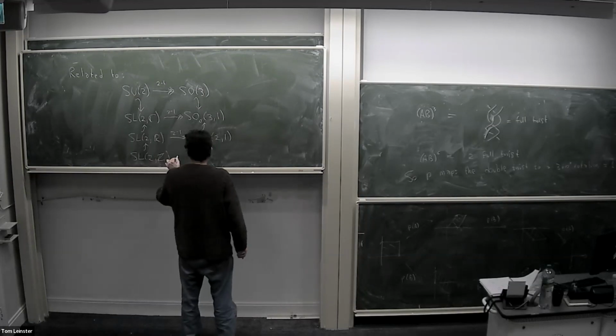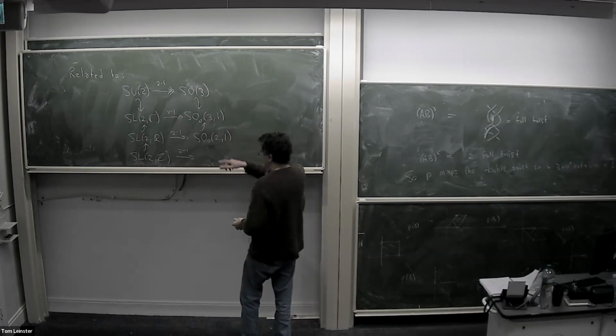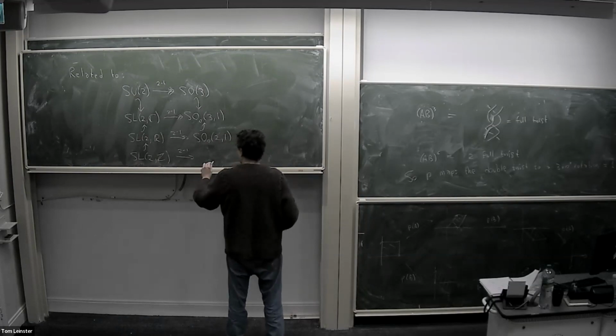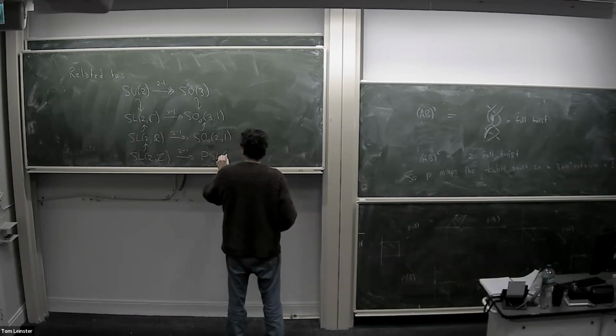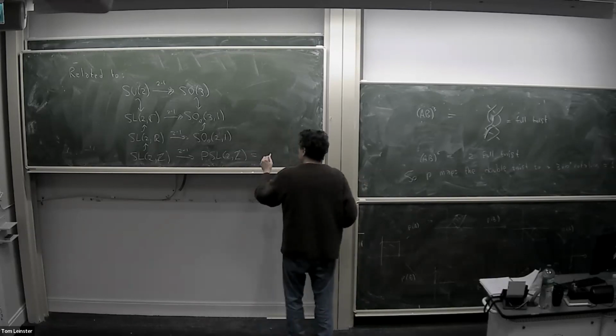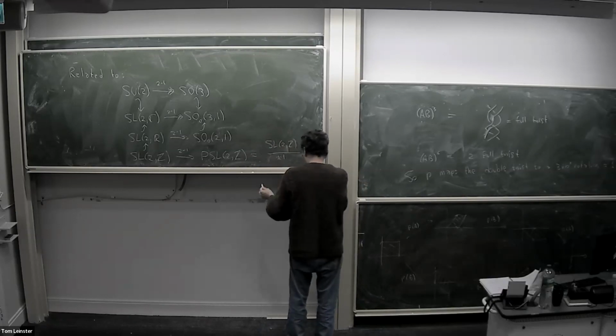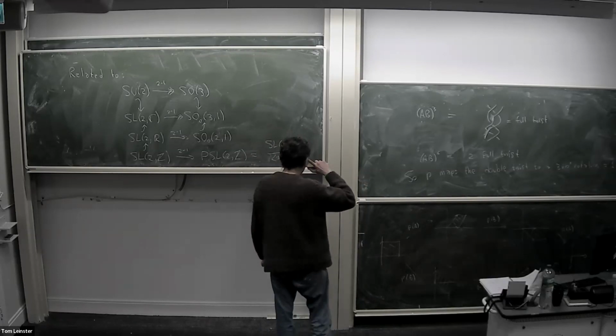And that also double covers some group that's akin to these. It has a great name, but it's a different sort of name. They call it PSL2Z, the projective special linear group. But all it is is just SL2Z modulo the subgroup consisting of plus or minus the identity.